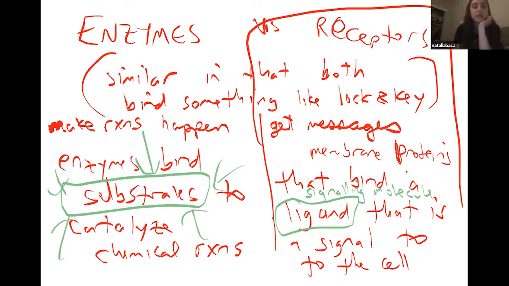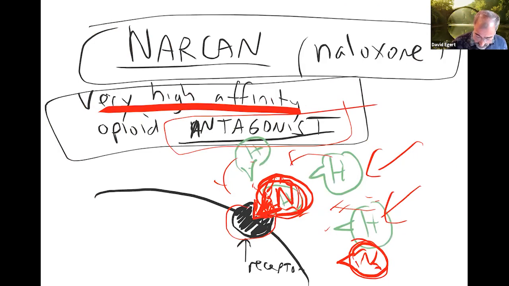I'm sorry, so you said I understand the substrate's going to be different, but the ligand, is that something that can be reused? Right. In this case, the ligand could be this heroin, it could be anything, it could be Valium, just a benzodiazepine.